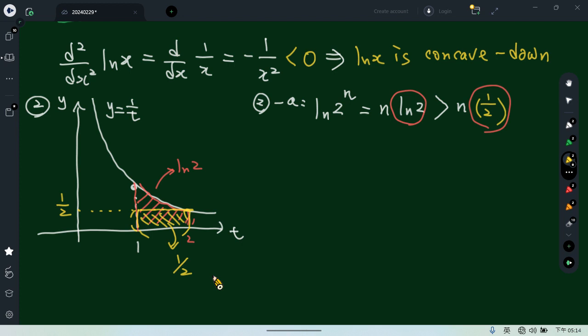So it is very obvious the red part is larger than the yellow part, right? So I can get the result that n times ln 2 is larger than n times 1/2. So based on the geometric result, we can get a result.